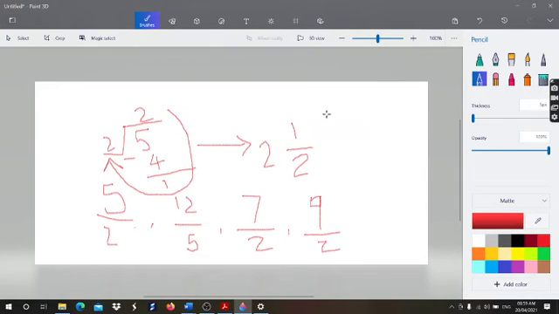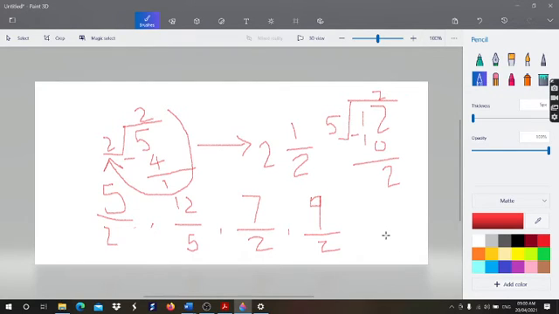Okay, now 12 upon 5. 5 twos are 10. 12 minus 10 means what?